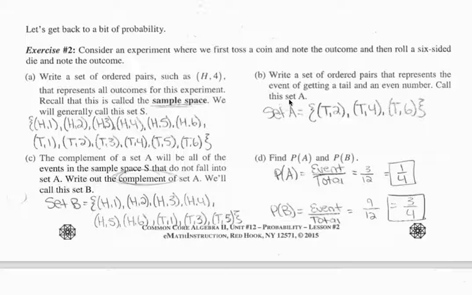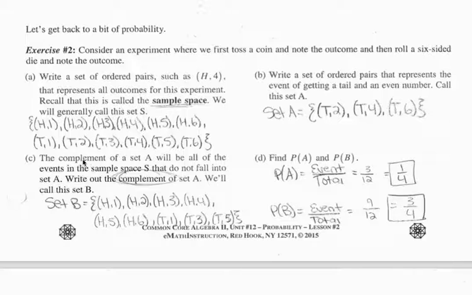We're going to call this set A. So set A is going to be a subset of S, our full list of outcomes. So we want to get a tail and then an even number, a tail and another even number, a tail and another even number. So there are only 3 combinations that will result in what I'm looking for. And so there are 3 elements in set A.